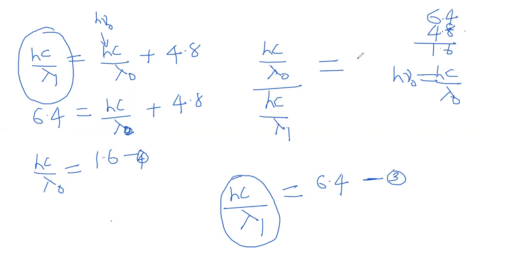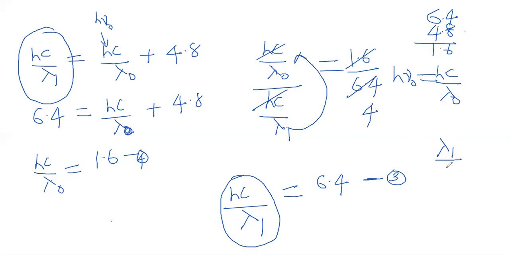That side will come 1.6 divided by 6.4. HC cancels. Lambda will become reciprocal. Lambda 1 by lambda naught is equal to 1 by 4.